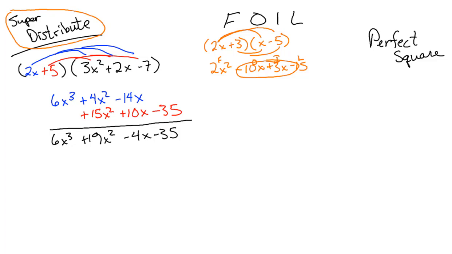There is one particular location in life when it is very valuable to remember, hey, you have to super distribute or FOIL it out if that's the case. If you have something like 2x plus 3y and it's a perfect square of a binomial, you have to watch out because you may not take this exponent and go 4x squared plus 9y squared.